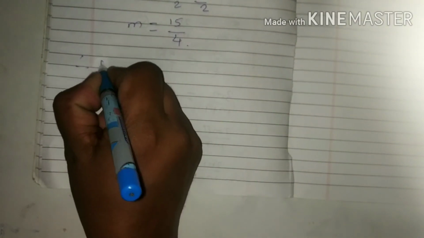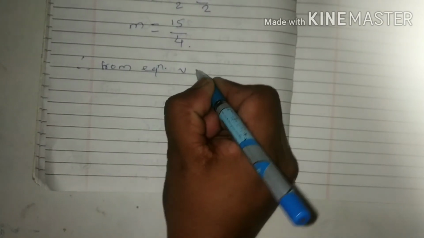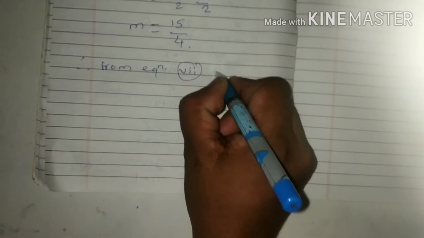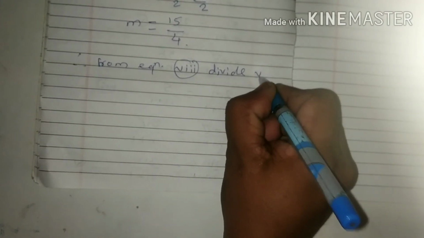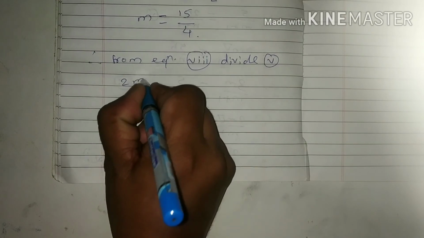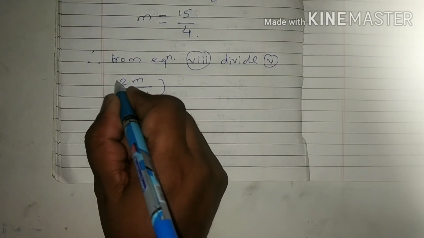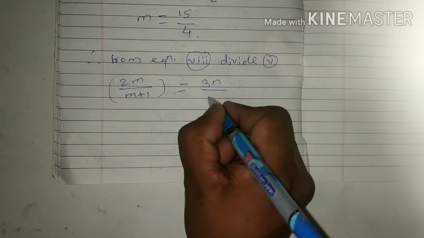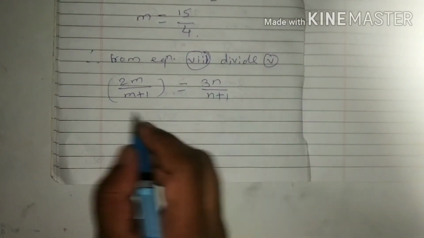Same way, from equation 7, equation 8 divide 5, we get the value of n. Then we write 2m divided by m plus 1 is equal to 3n divided by n plus 1, that is equation number 7.